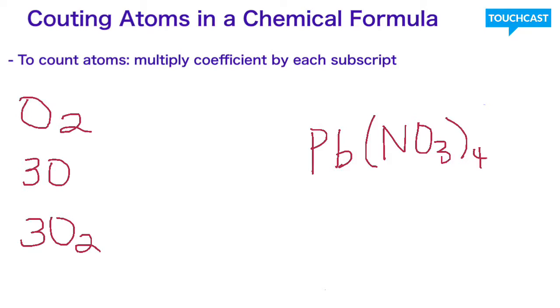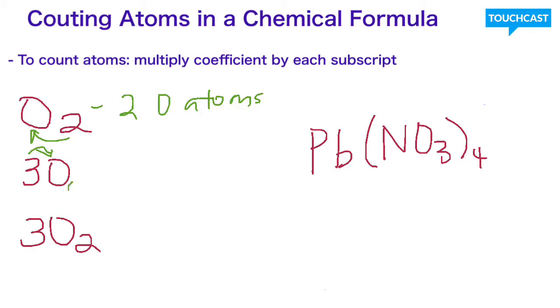But let's start with something simple. We have O2. Remember that your subscript applies to everything in front of it, so that 2 applies only to the oxygen, which means I have 2 oxygen atoms. Now when I've only got a coefficient, that applies to everything behind it.